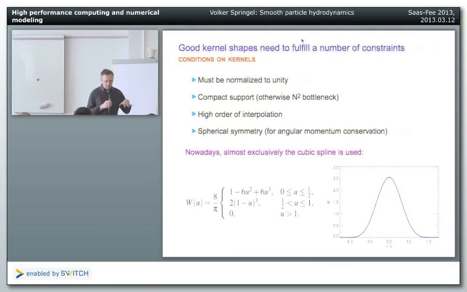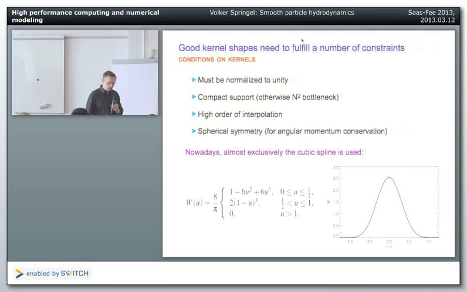It's normally a much smaller number, and that makes it computationally tractable. If you did not have compact support, that would mean infinite support, right? Then you would always have all particles appearing in the sum, and evaluating something like the density for all particles would be an n-squared process. And we have seen how deadly this is for large particle numbers. So you better have a compact support.